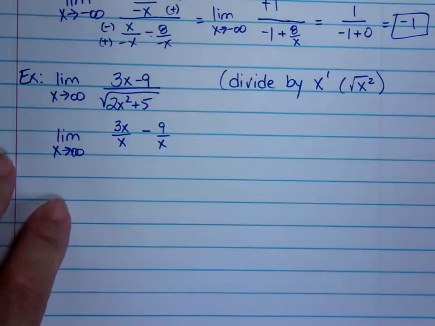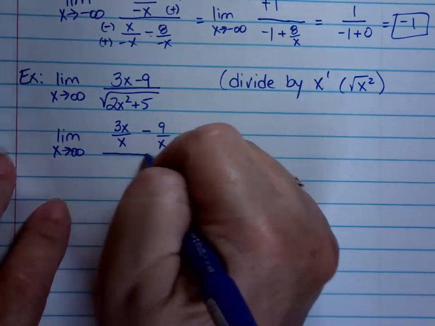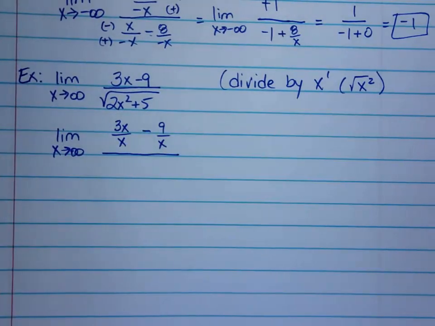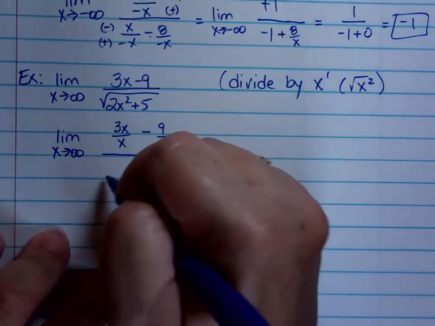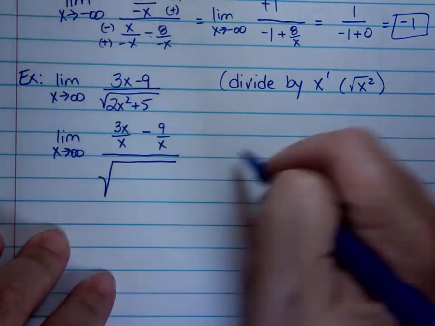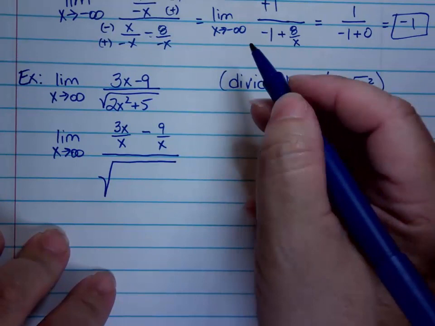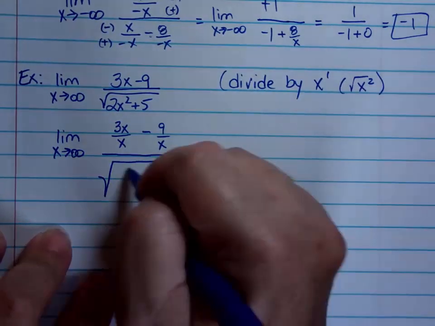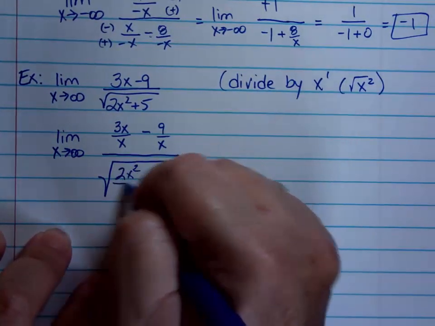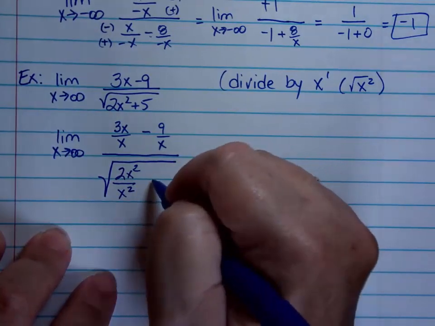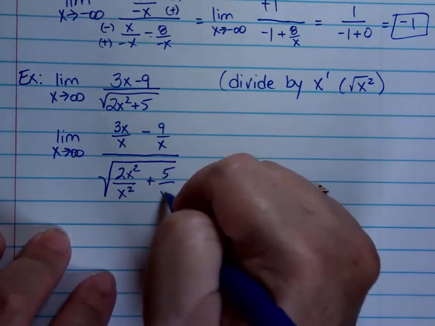That's just like before. Over. Now we're going to put a big square root for the bottom, because what we're dividing by has to be under a radical so we can simplify it. So we're dividing by x squared here, 2x squared over x squared plus 5 over x squared.